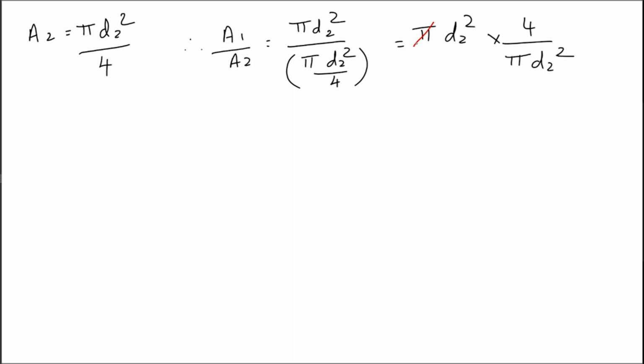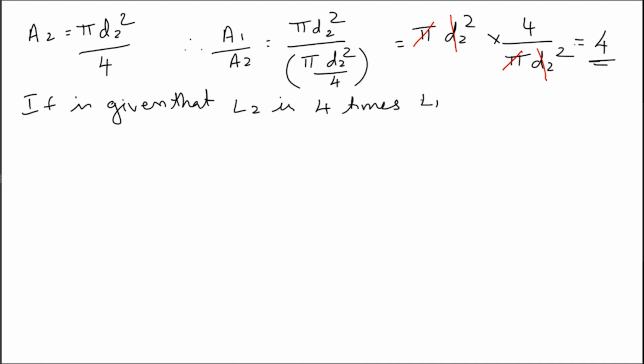Cancelling these common factors, this becomes 4. So A1 by A2 is equal to 4. It is also given as L2 is 4 times L1, that is L2 is equal to 4 L1. Bringing L1 to left hand side, L2 by L1 is equal to 4.